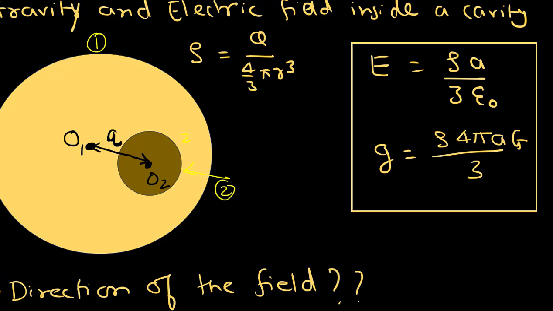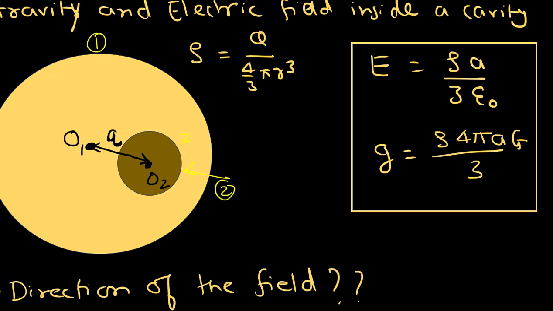Now I want you to keep in mind that E, the electric field inside this cavity, please remember we are talking about the electric field inside this cavity, is given by the formula rho a upon 3 epsilon naught, where a is the distance between the centers. So this is a very simple direct way of finding out electric field or gravitational field inside the cavity.